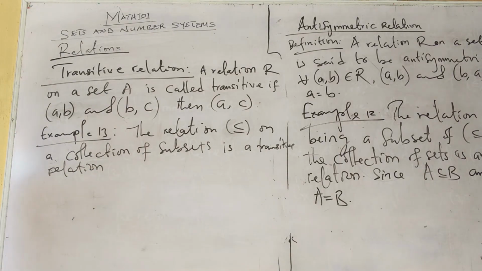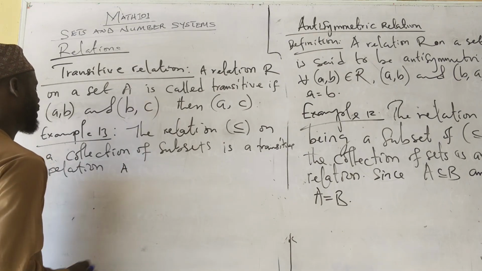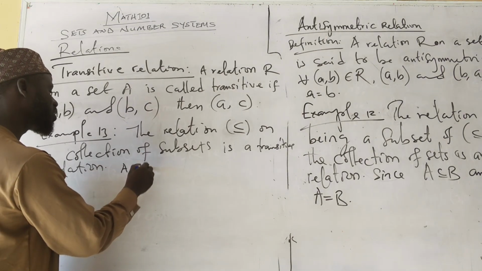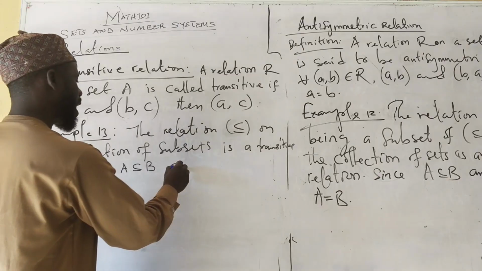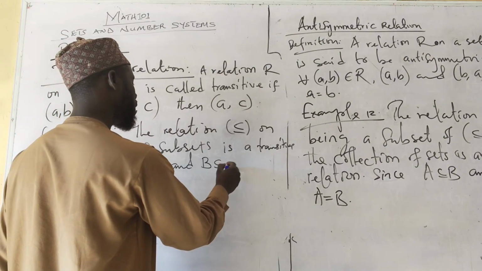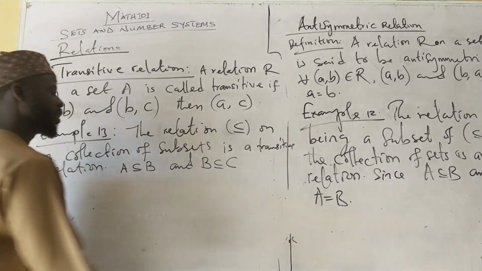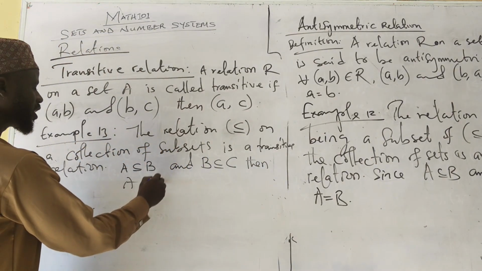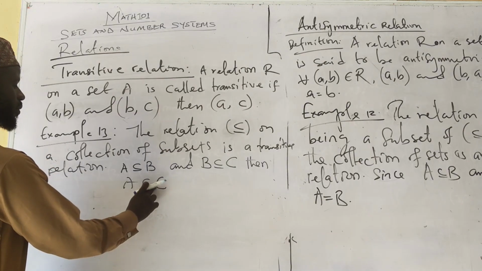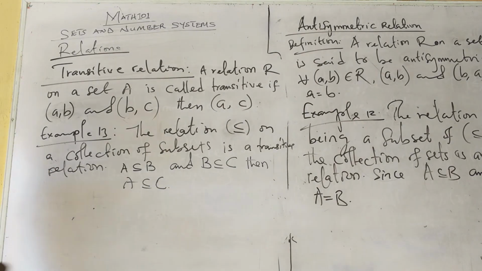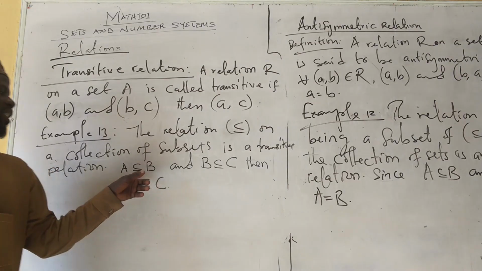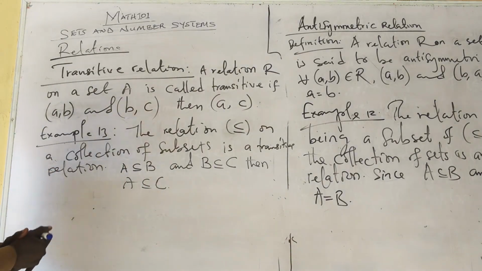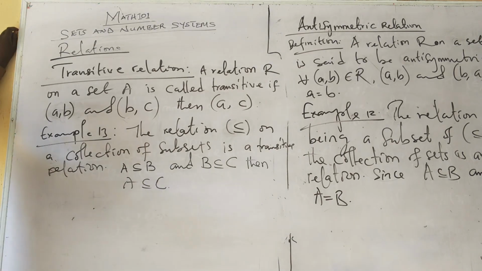Yeah, it's a transitive relation. Since we know that if you have A is a subset of B and B is also a subset of C, it is clear that definitely A is directly a subset of C. And therefore the relation of being subset is a transitive relation.